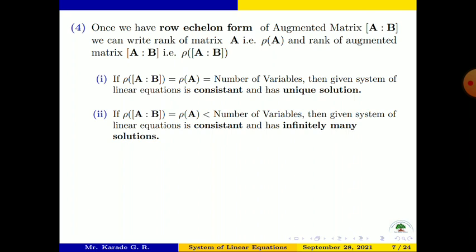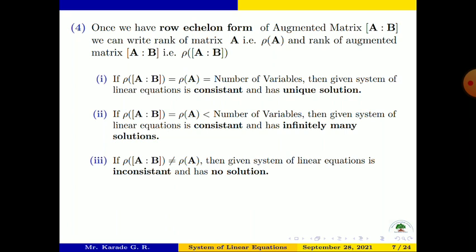In the second case, if the rank of the augmented matrix [A | B] is the same as the rank of A, this means the system is consistent, and if that same number is strictly less than the number of variables, then the given system of linear equations is consistent and has infinitely many solutions.